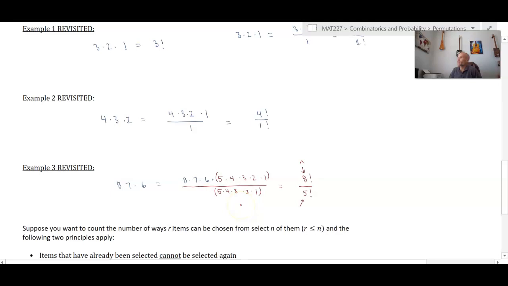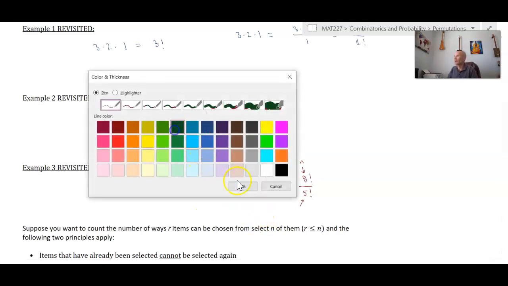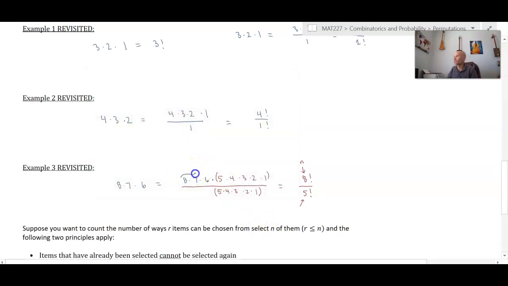And really, the fact that I only had 3 quantities to multiply together here was because there were only r equals 3 positions that I wanted to fill.